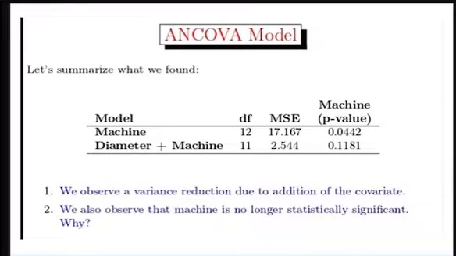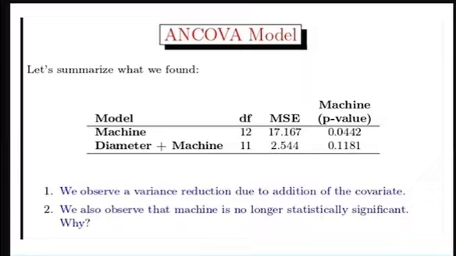Take a look at this now. When we consider only machine, what was the mean-square error? 17.167. When we now incorporate a relevant and important covariate in the name of diameter, what happened to the mean-square error? We have a drastic reduction in the mean-square error.